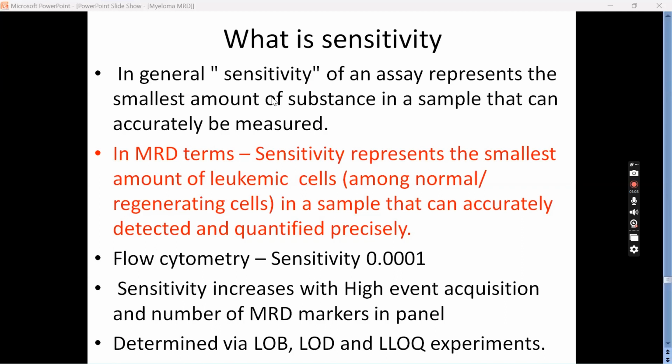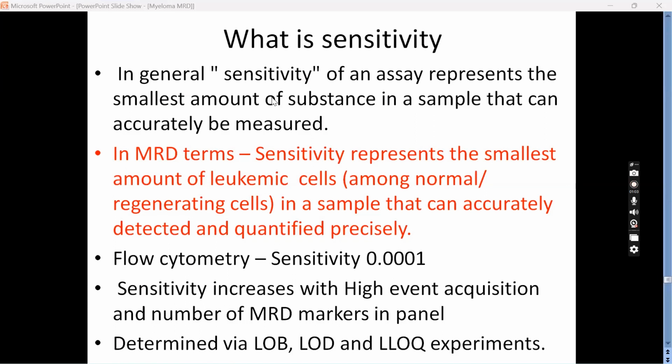If they're using a specific type of methodology, and they say the sensitivity of this method is so and so, what it implies is the smallest amount of substance that can be accurately measured with that methodology.